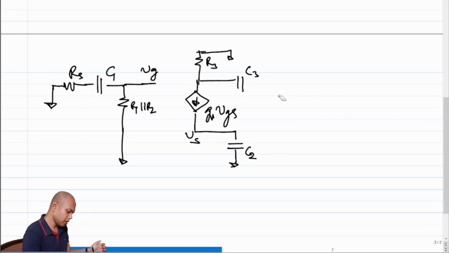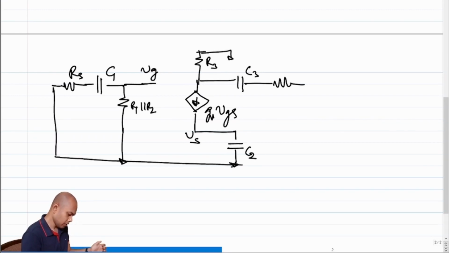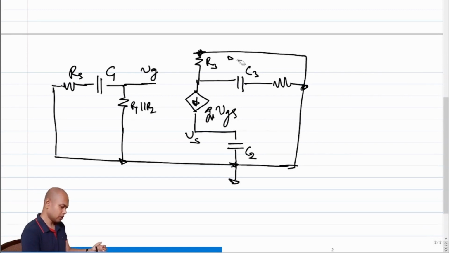So what I'll do, I'll just make all the grounds the same so that there is no confusion. All the grounds are tied together so that there is no confusion.